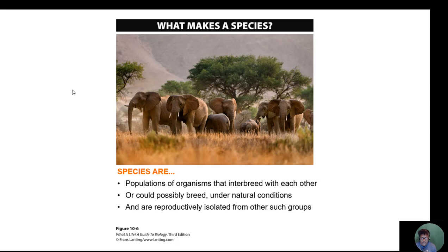So it means not us, the scientists, creating this new organism, because that's not under natural conditions, right? So it has to be that they can interbreed with each other or could possibly breed under natural conditions, and they have to be reproductively isolated from other such groups.